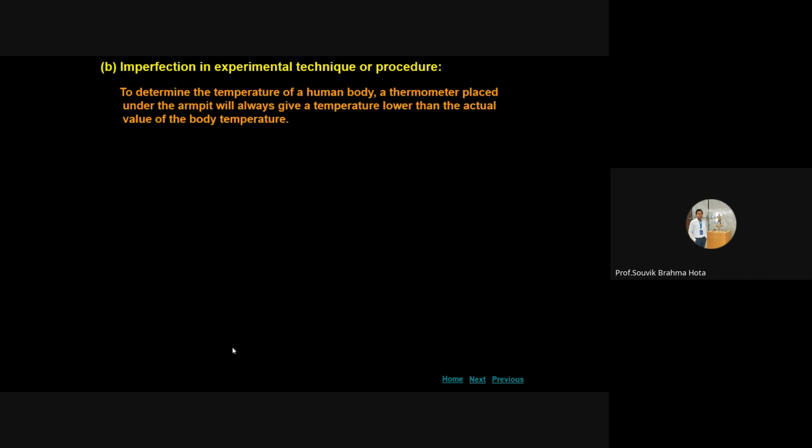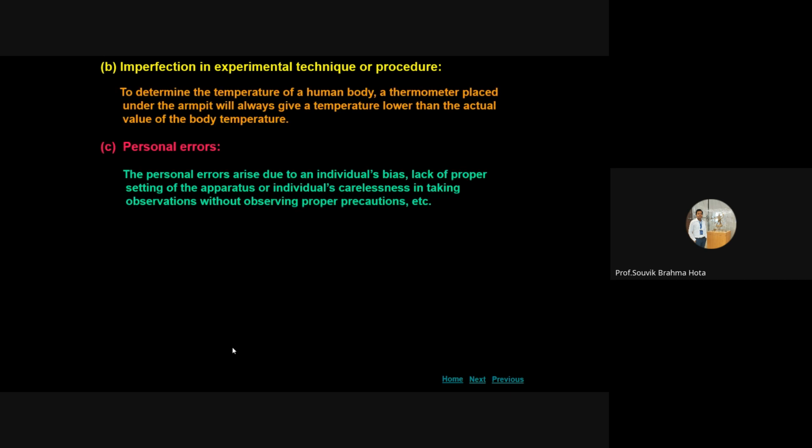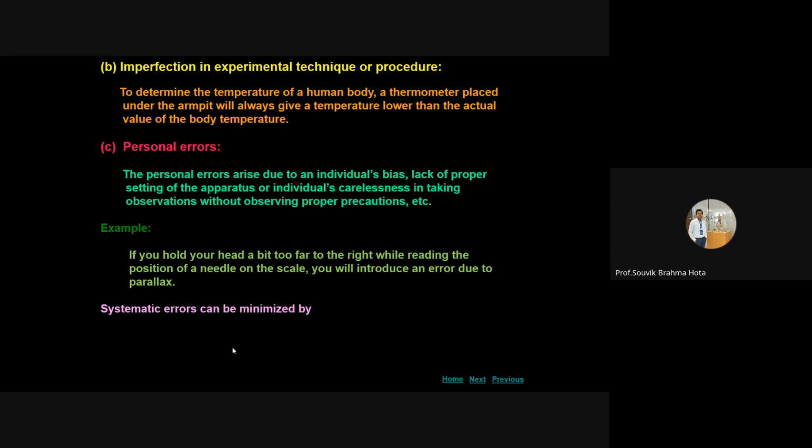Imperfection in experimental technique or procedure can also cause error. Personal error also, like taking individual readings, carelessness, all these things. Systematic error can be minimized by improving the experimental technique, selecting better instrumentation, and removing personal bias as far as possible.